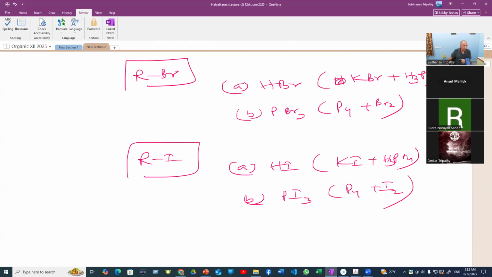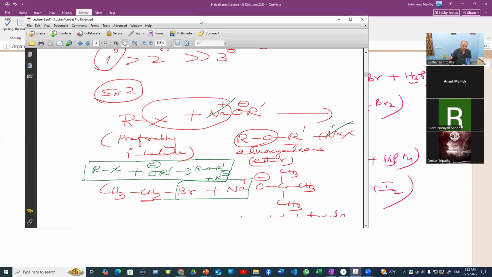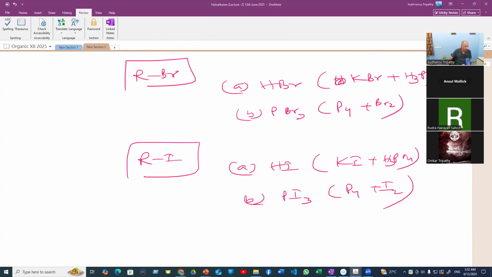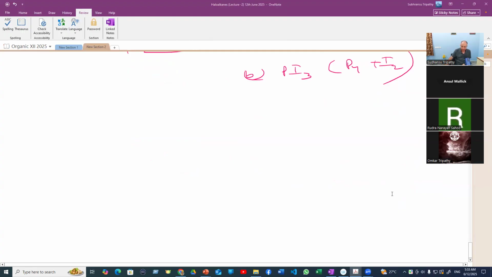So we will go to other methods. The fourth one is the Borodin reaction, Hunsdiecker.